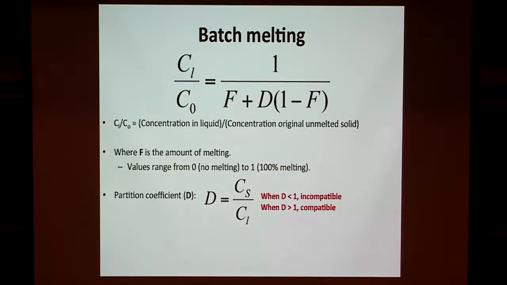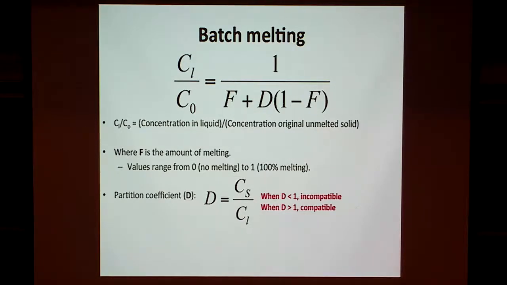If you could give me this or this, yeah. D, how do we know D? Yeah, laboratory experiments. But it's not variable. It's highly variable. It's not constant. It's a function of a bunch of things: pressure, temperature, composition, oxygen fugacity.